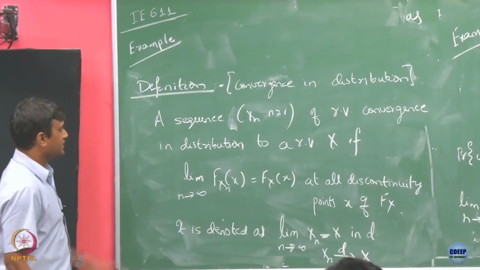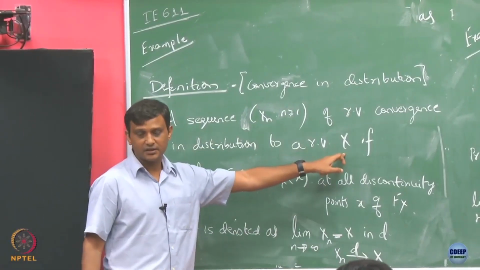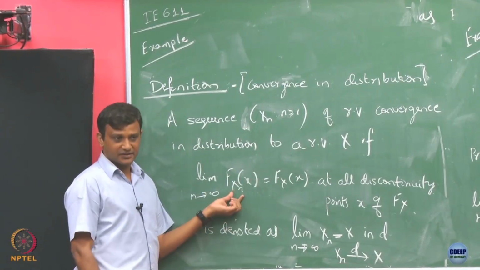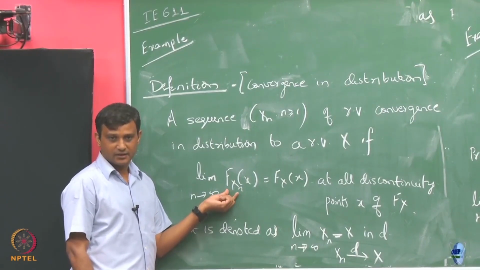We say that a sequence of random variables converges in distribution to a random variable x if you look at their CDFs. F of xn denotes the CDF of random variable xn.